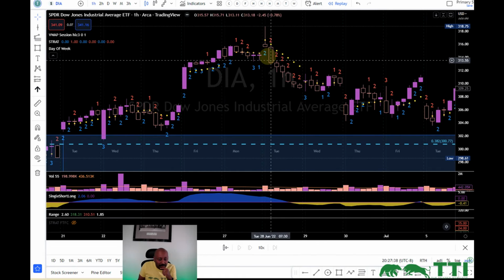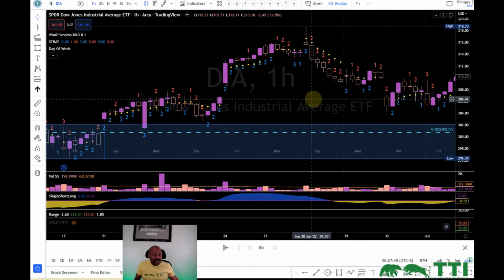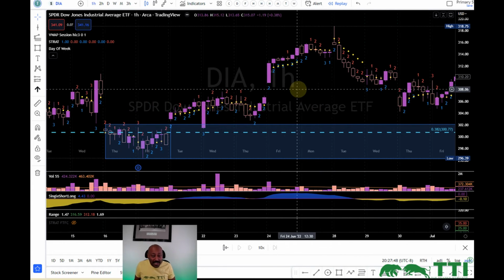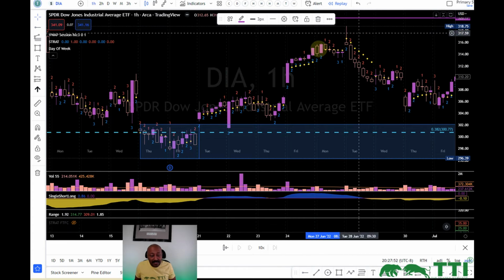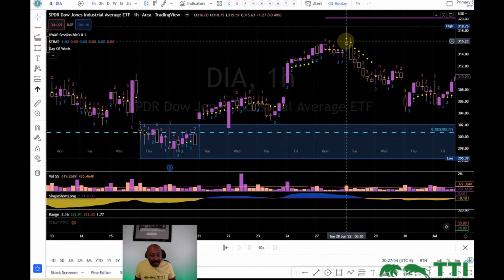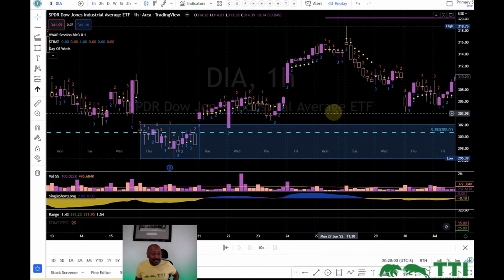And some are met. Now, you know how I said an inverse hammer is an entry? An inverse hammer is also an exit. So if your target is up here and price gives you an inverse hammer, you better exit, because that's telling you I want to go lower.